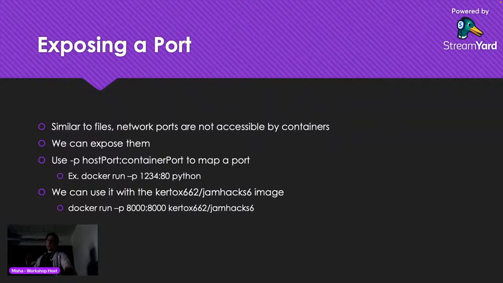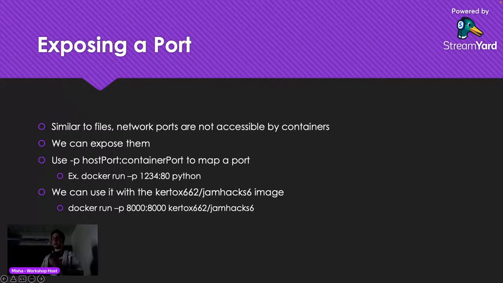What you can do is, again, similar to files, share them by exposing them. It works using the -p, and then you specify the host port, the network port on the host that will be used, and then what on the container it will map to.